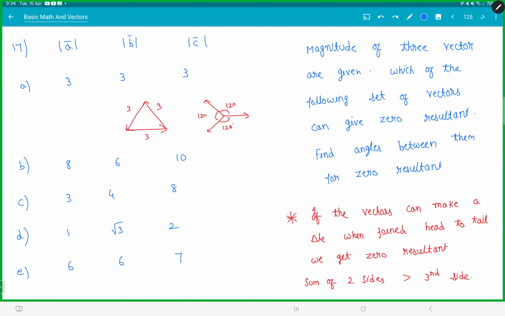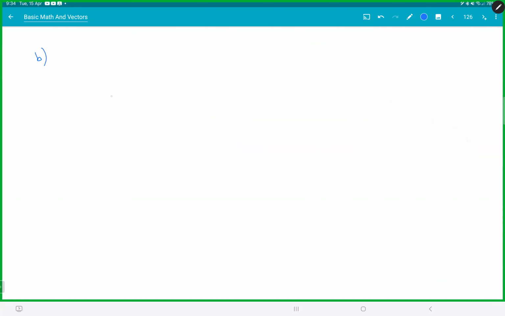So what is the answer for 8, 6, 10? 8, 6, and 10: this angle is 53 and this angle is 37. We have done this. So yes, it can get a zero vector. The angles will be 127, 143, and 90.